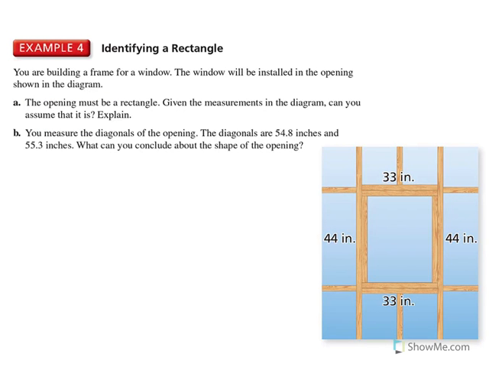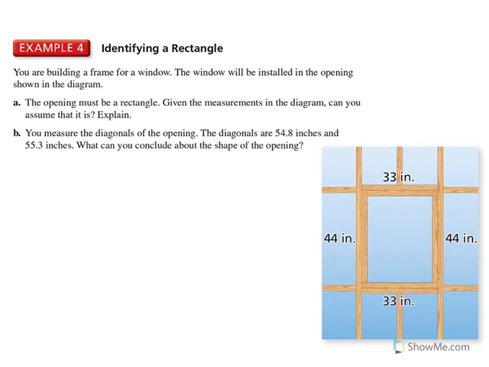So if we look at example 4, we want to identify a rectangle. It tells us we're building a frame for a window. The window will be installed in the opening shown in the diagram. They are wanting the opening to be a rectangle. So it says, given the measurements, can you assume that it is a rectangle? So in the first one, A, just given the side measurements, does it tell us that that has to be a rectangle?